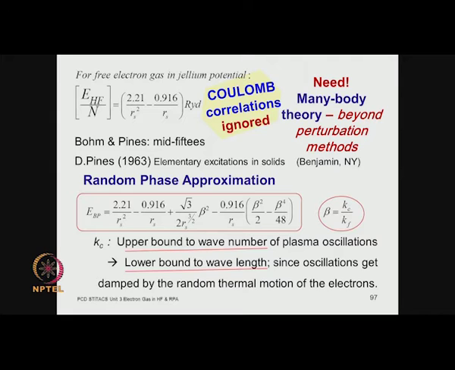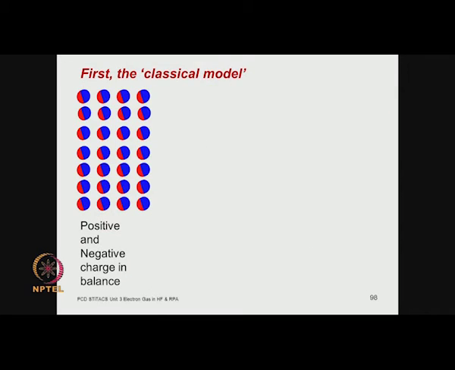Kf is our old friend, which is the value of K at the Fermi level, and Kc is an upper bound to the wave number in what turn out to be plasma oscillations, and corresponding to that there is of course a lower bound to wavelength, and this bound, the lower bound on the wavelength, comes because the oscillations get damped by random thermal motion of the electrons.